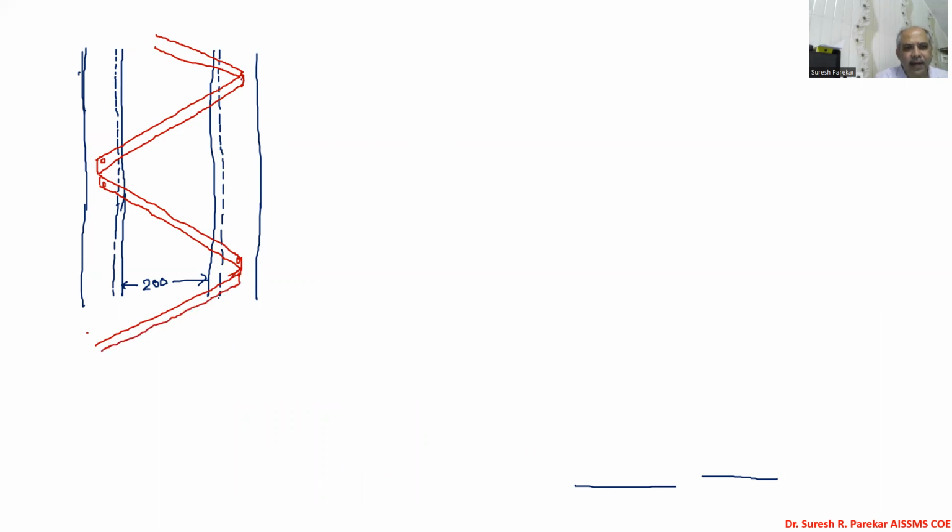Now what is A1? So we have A1, spacing of lacing, and this is my spacing of lacing. So this is distance A1. Now this is 200. Then we have this distance, that is from bolt. So this is given as 50.